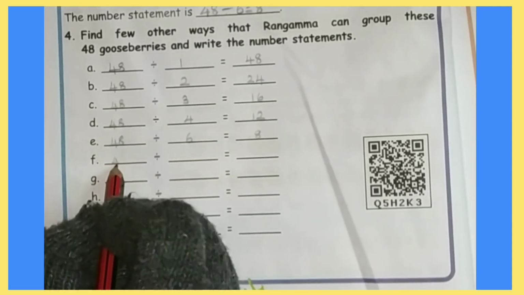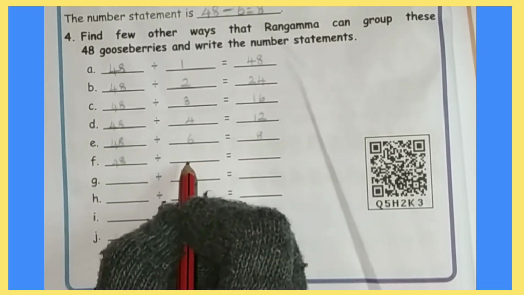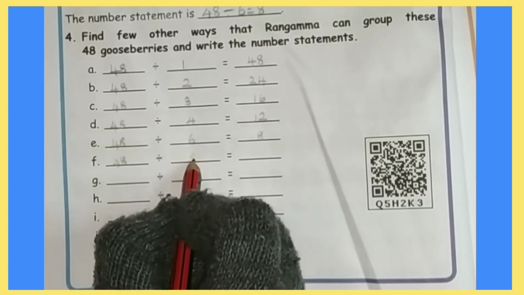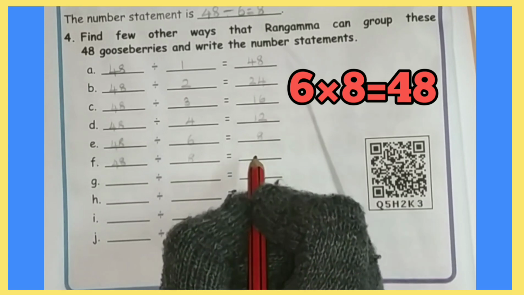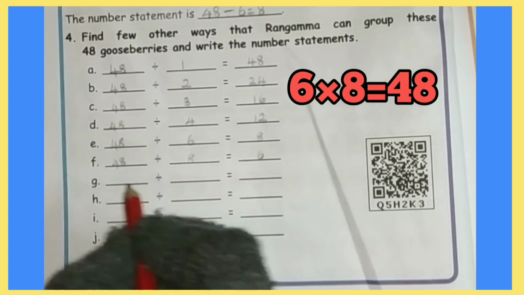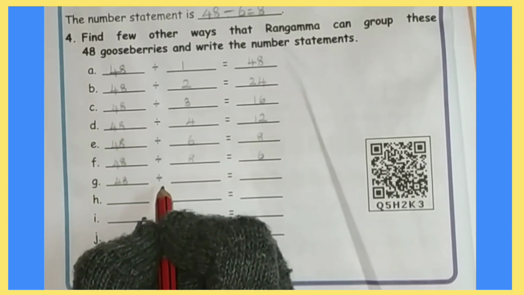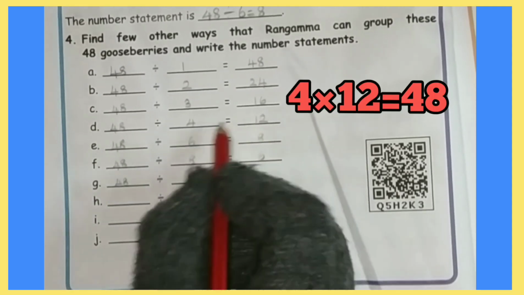Next, 48 divided by 7, we cannot divide this in 7. So, we can move to the 8th table. 48 divided by 8 equal to 6. Next, 48 divided by 12 equal to 4.